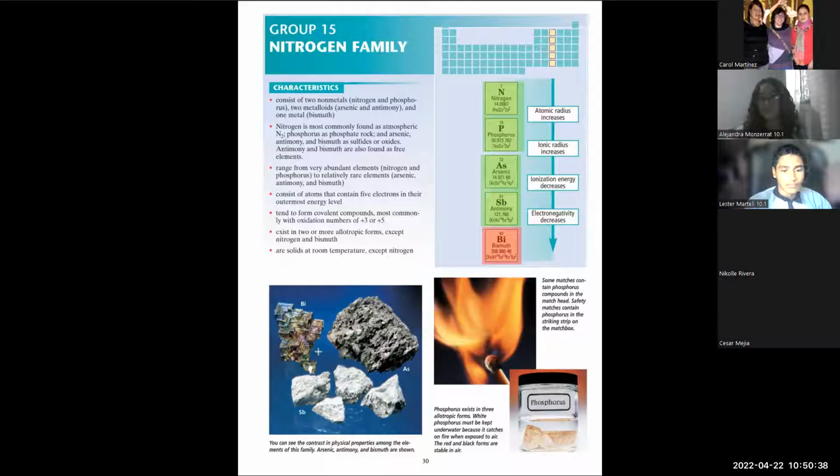But antimony and bismuth, the last two elements, have the characteristic that they can be found in nature as free elements, pure elements. That means elements that are not combined. So antimony and bismuth, you can find them both combined in a compound or as free pure elements.